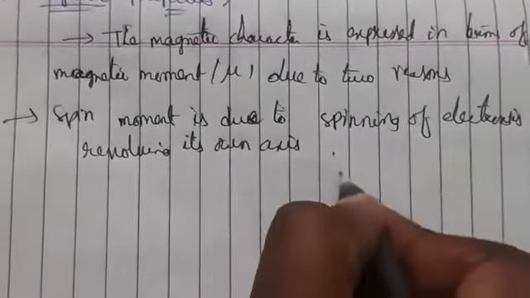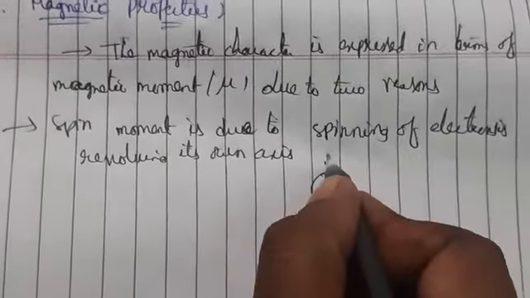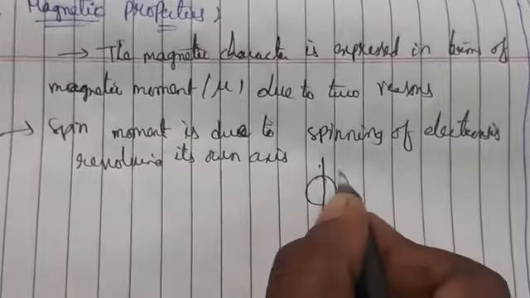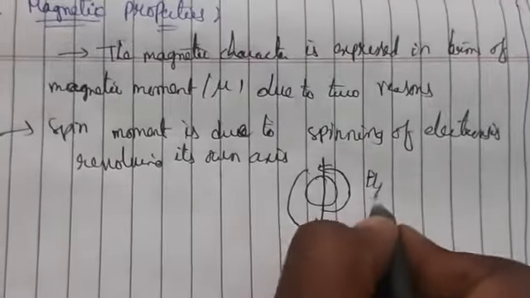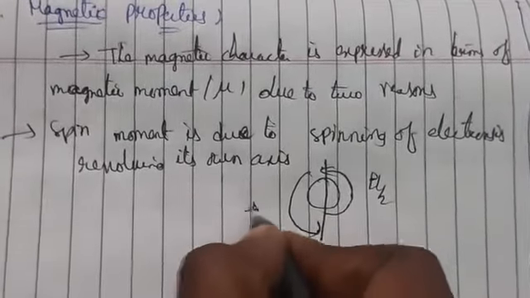So the electron can spin in the positive direction and also in the negative direction. So this is about spin moment.